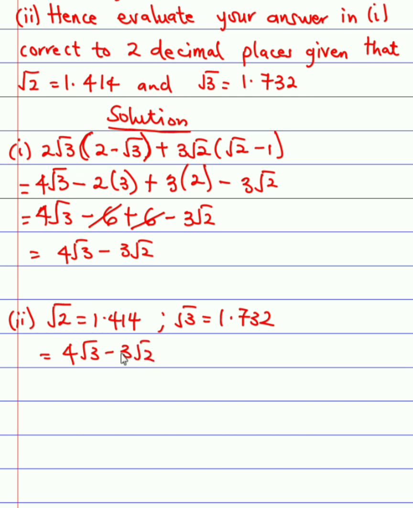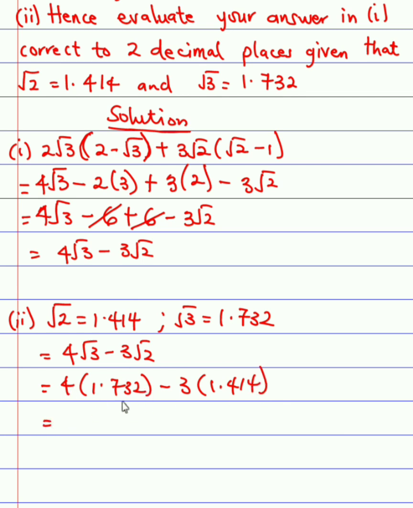So if that is the case, wherever we see root 3, we're going to put 1.732 there. So we have 4 multiplying 1.732 minus 3 multiplying 1.414.